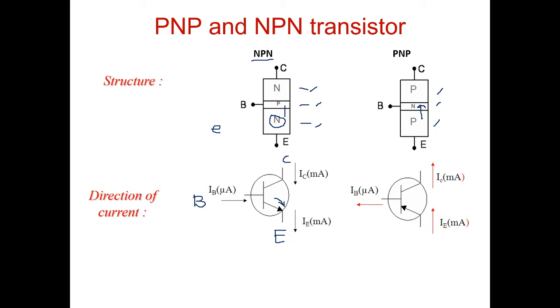So the arrow will be showing to the base. That's why you see here the arrow is going to the base, and for NPN your arrow is going out of the emitter. So make sure the arrow is at the emitter, either going to the emitter or going out from the emitter, right?